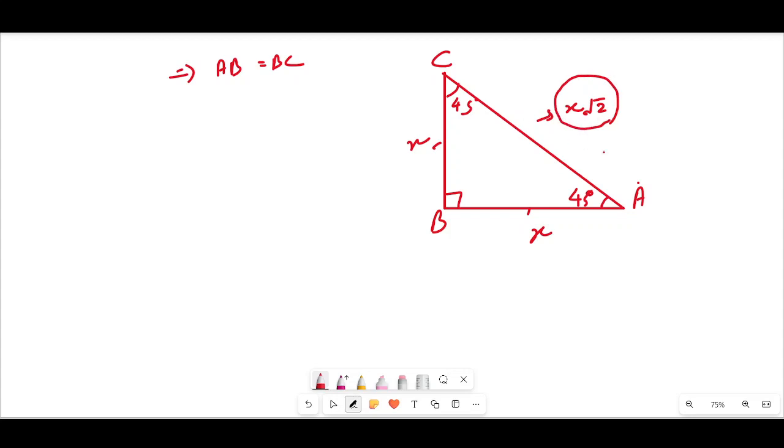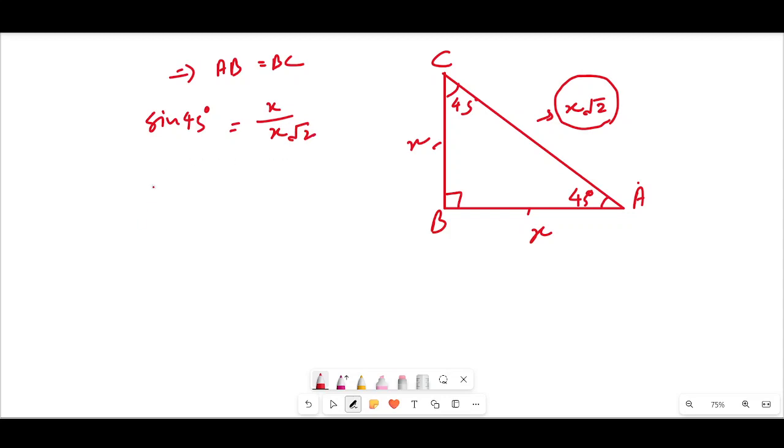We found out the hypotenuse. Now, what is the value of tan 45, sin 45, cos 45? So first we should find out sin 45. Sin 45 is nothing but opposite side upon hypotenuse, then x upon x root 2.